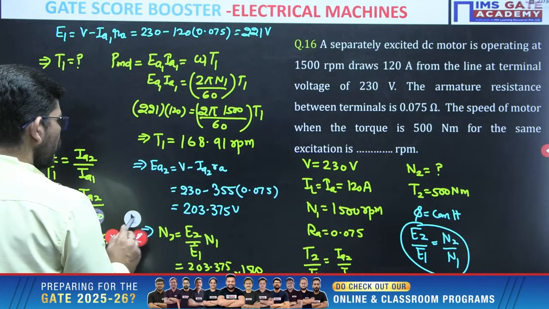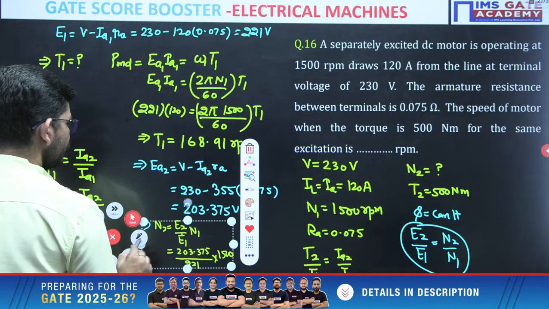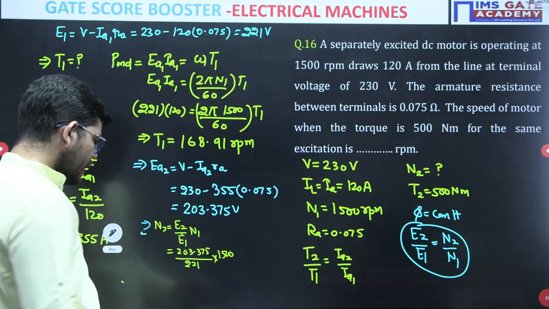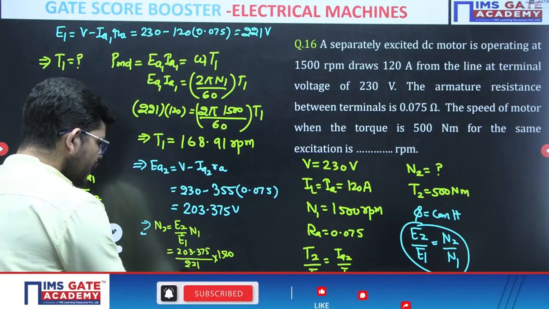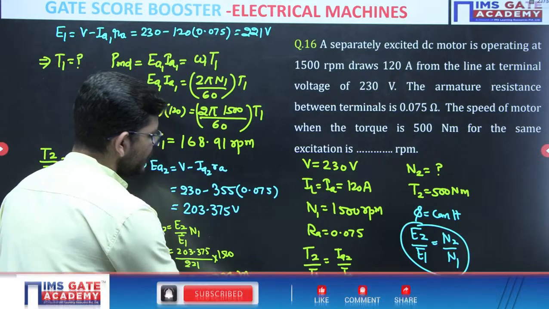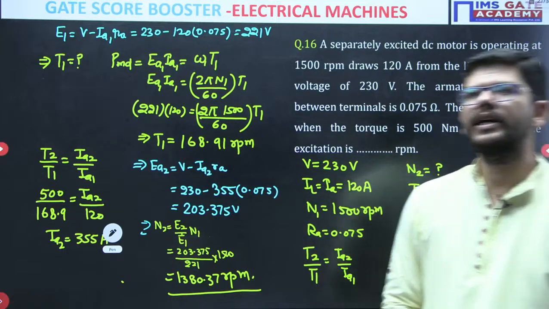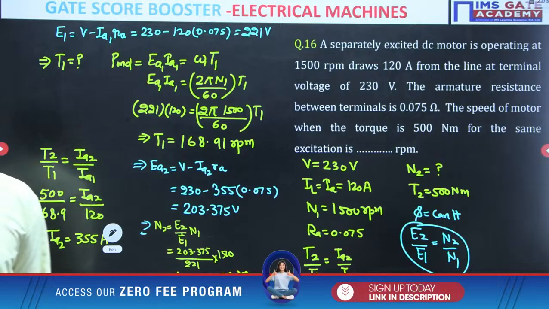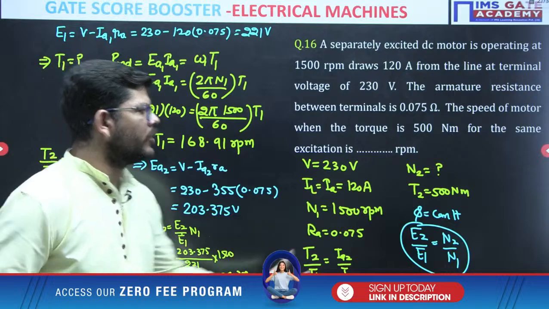When you solve it, you will finally get your answer. The speed is coming 1380.37 rpm, and this will be the answer. You are getting 1390, I am getting 1380. Whenever we have to calculate speed, we have to apply this formula.